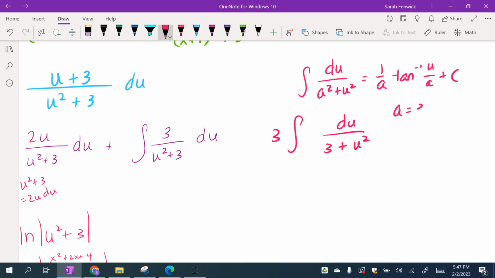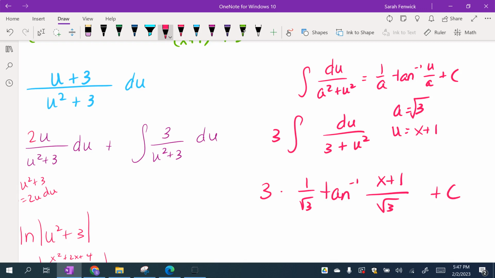So a is 3, u is u, which is x plus 1. Double checking everything. So a is the square root of 3. I have 3 times 1 over the square root of 3 inverse tan of u, which is x plus 1, over a, which is the square root of 3, plus c.